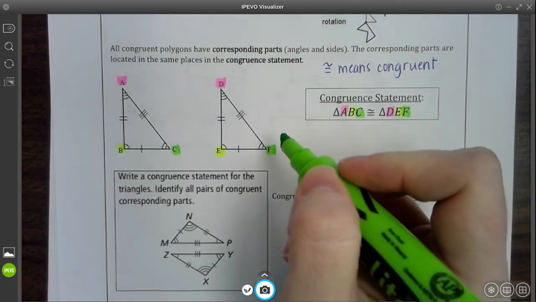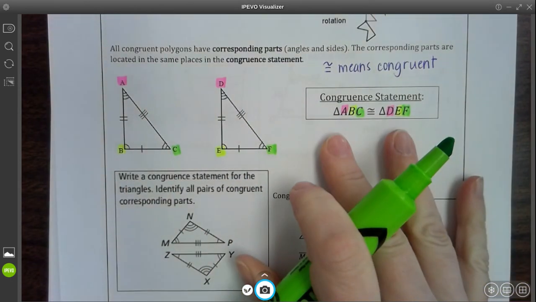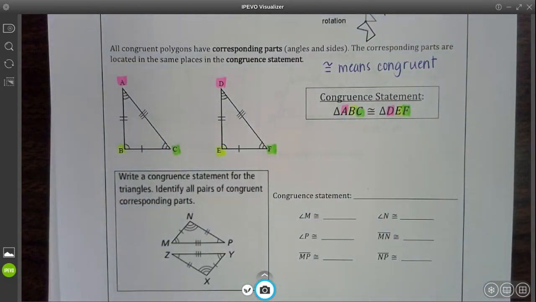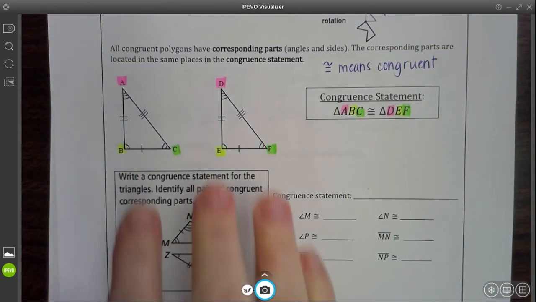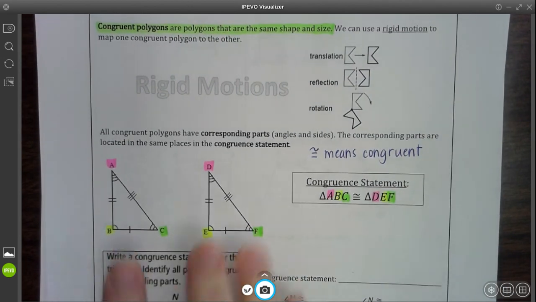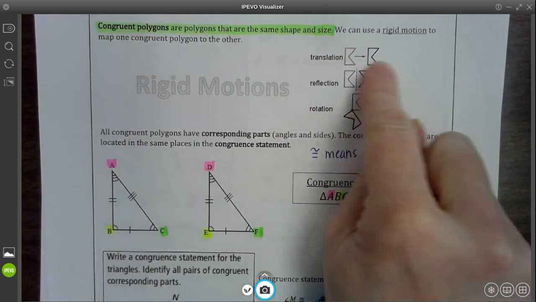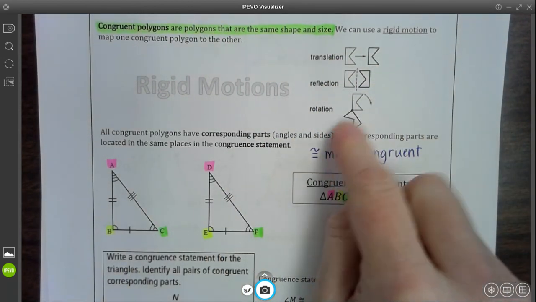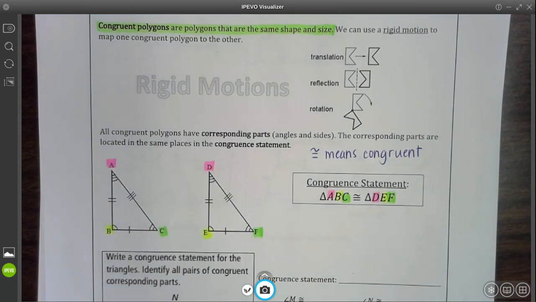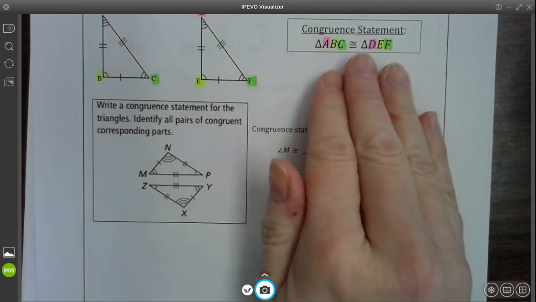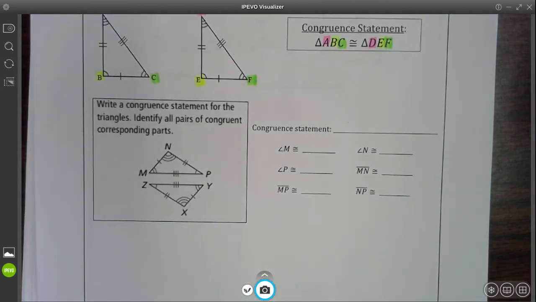They're both last. So the order of the letters is very important in helping us match them up. The reason is that they aren't always side by side like this, like a translation. Sometimes they're rotated or flipped, and it's hard to understand which part corresponds with which. So a congruent statement is really going to help us out.